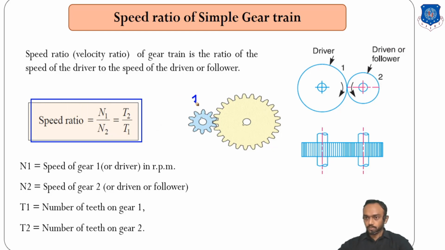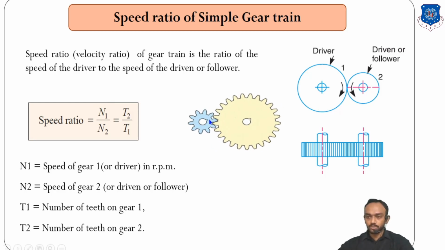This is gear number 1 and this is gear number 2. I have connected the motor here. Driver means motor is connected, and I know the RPM of the motor. So I know gear number 1's RPM, and I know the teeth of both gears. So you can find the RPM of the driven from this relation.